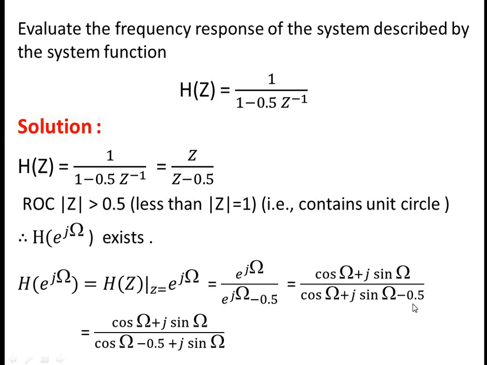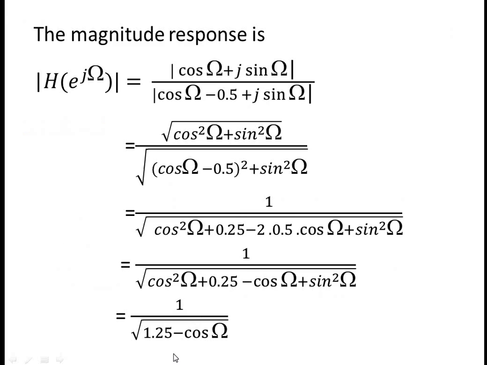Now rearranging the terms, starting from real and then imaginary, in the numerator cos omega plus j sin omega, divided by cos omega minus 0.5 plus j sin omega.